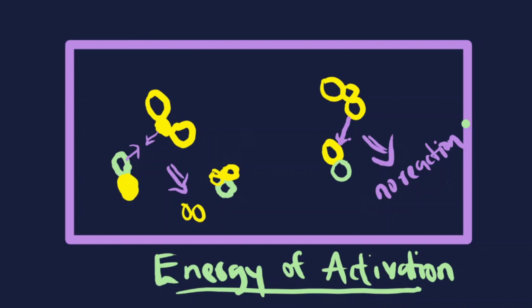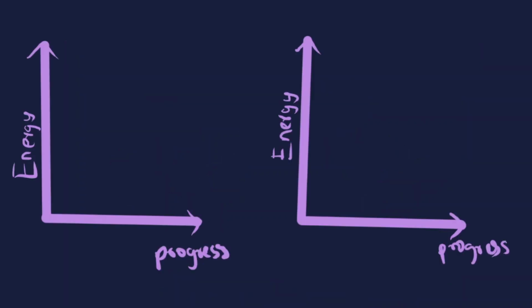Okay, so the next part of the collision theory is about the sufficient energy, right? Energy of activation. So let's talk about that. These are two energy level diagrams, and in the one on the right, we are going to draw an endothermic reaction.